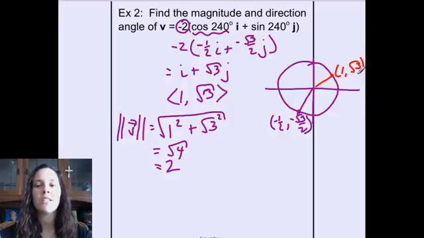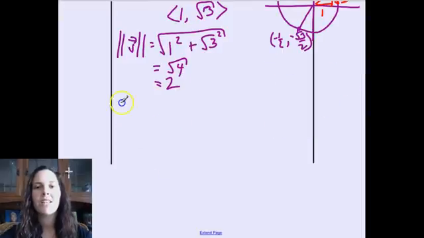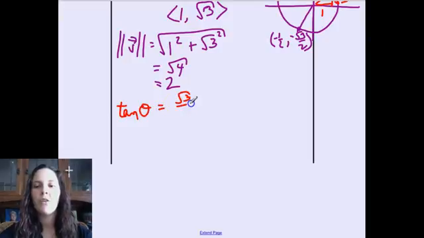Using our tangent again, because that gave us both the x and the y component. Our x component is 1 and the y component was square root of 3. To find the direction angle, we set up tangent of theta equals opposite over adjacent. This is another unit circle value. Where is the tangent equal to square root of 3? That would be at 60 degrees.